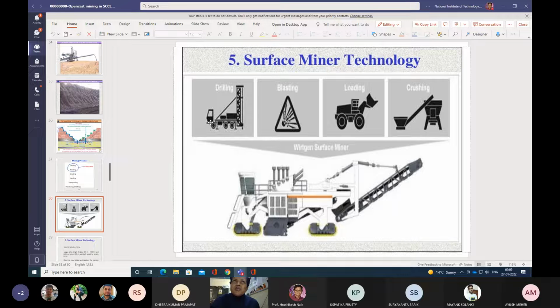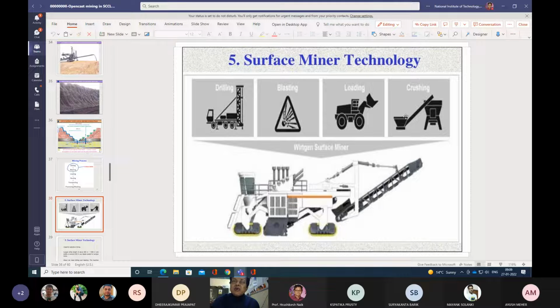The surface miner can do these four operations by itself. No need of drilling, you don't need a drill machine. No need of blasting, you don't need explosives. No need of a loading machine. The surface miner itself will load the material.